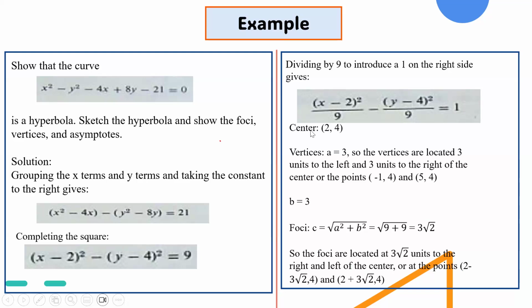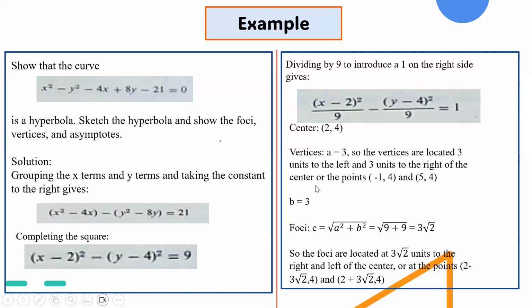If you're wondering how we have the center (2, 4), in the formula we see that h is where the 2 is in the (x minus 2) squared, that's the h, and the k is the 4 where y minus 4 is. So our center point (h, k) is (2, 4).